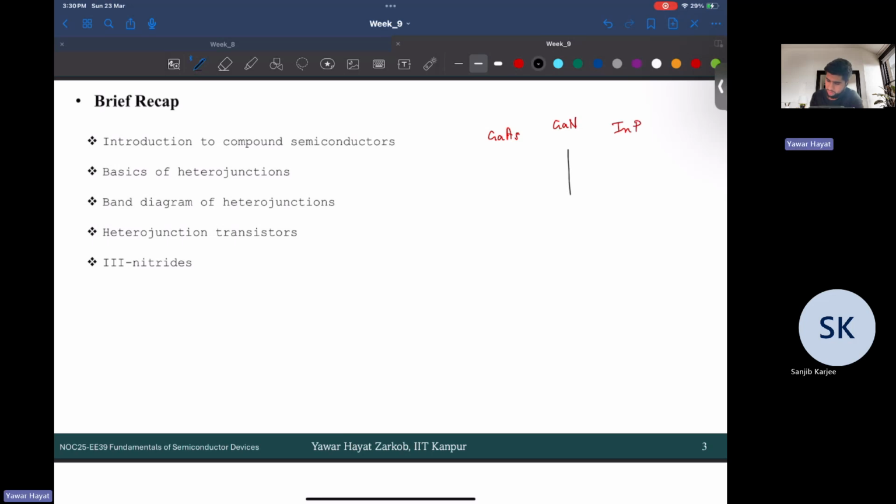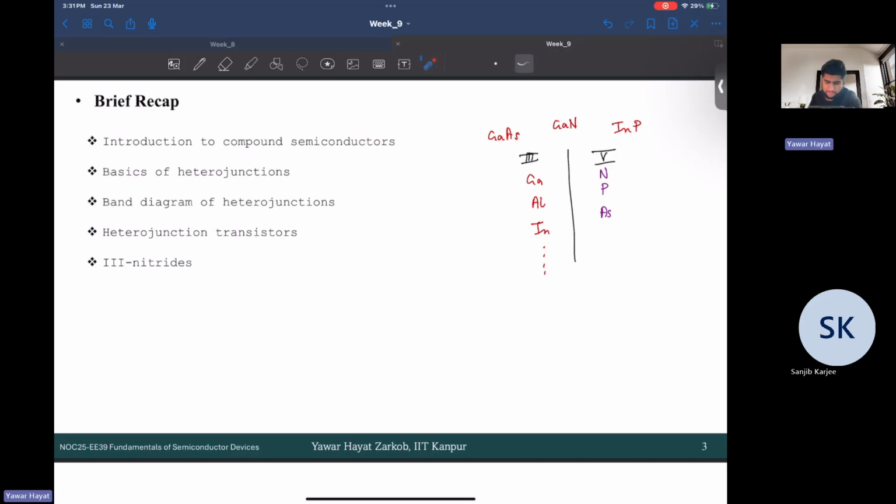It's usually one element from group 3, one element from group 5. Here, nitrogen, phosphorus, arsenic are elements of group 5, and gallium, aluminium, indium, and so on are elements from group 3. So any combination of them can result in what we call a compound semiconductor.